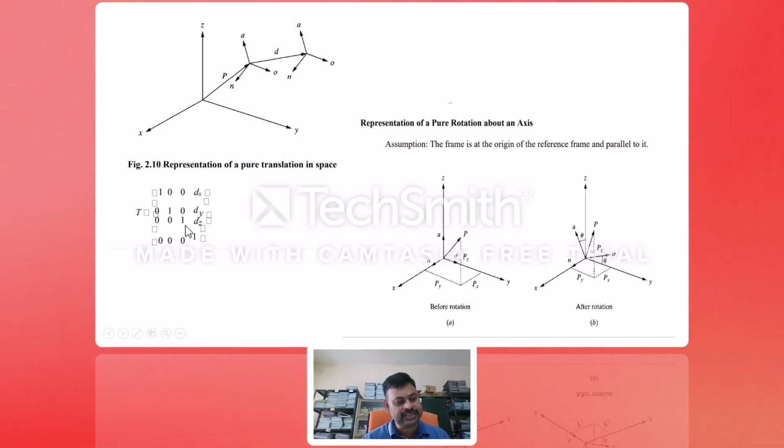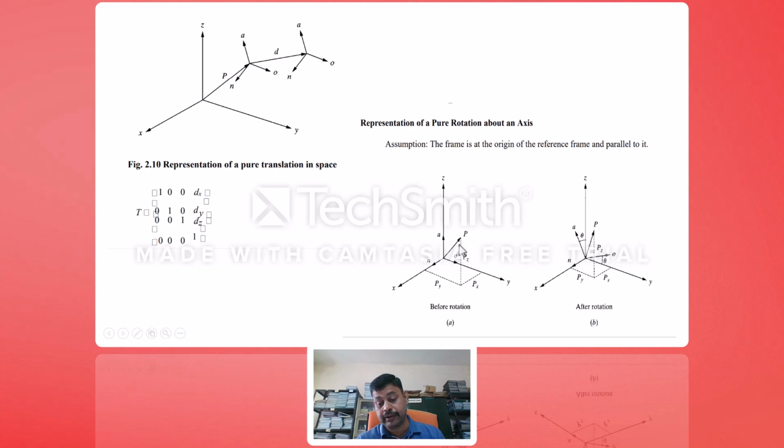It is a square matrix, diagonal always 1. So here they are representing dx, dy, dz. So the translation with respect to the x-axis, y-axis and z-axis are marked, right? This is a square matrix. And representation of pure rotation about an axis. If you want to make a pure rotation, initially you have the xyz axes, and point P is there.